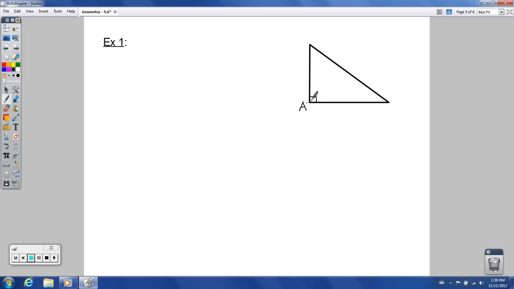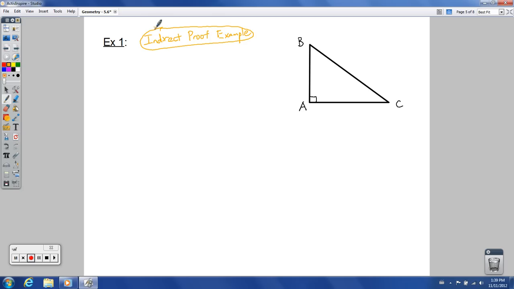This is going to be A, B, and C. And then at this point, I'm going to use a different color. I want you to use a different color for the parts that I use a different color for. So this is going to be an indirect proof example. So please write that in a different color here.